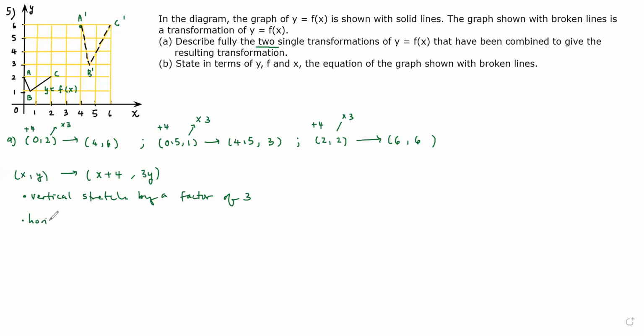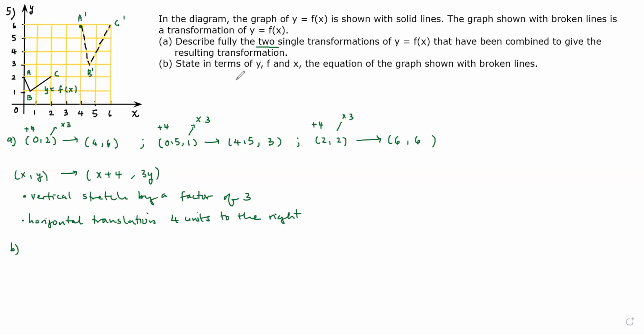That means we have a horizontal translation 4 units to the right. And that gives us the two transformations to obtain the image.